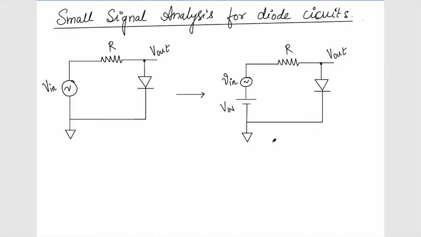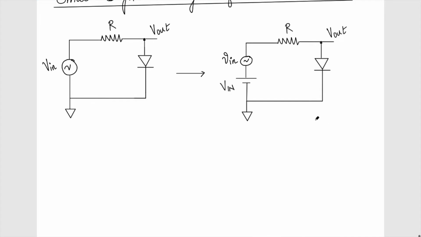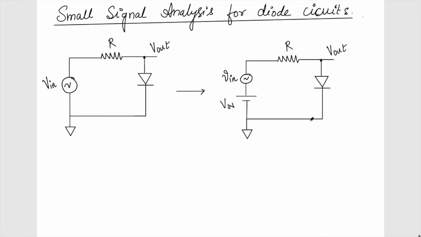But we know that the diode has a finite slope. So if there's a small change in the diode voltage, we can see a change in the diode current. This is what we want to see using this small signal analysis. So let's just do the constant drop model first and find out the DC current.